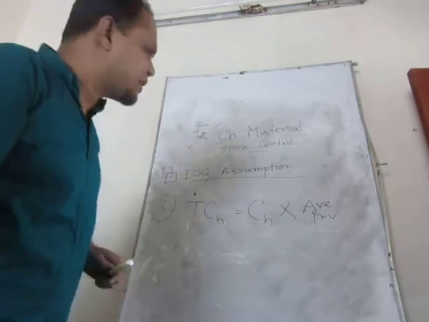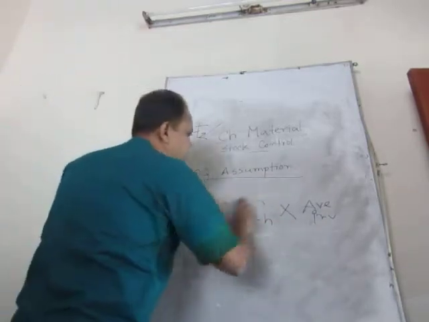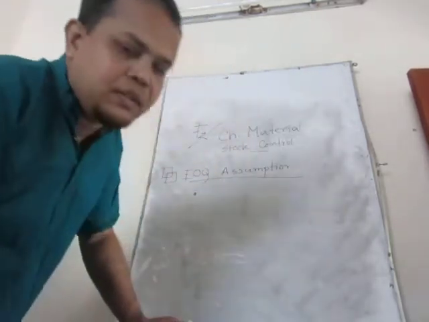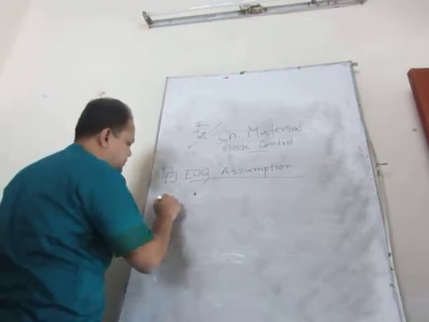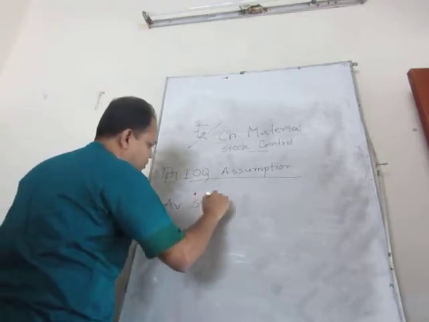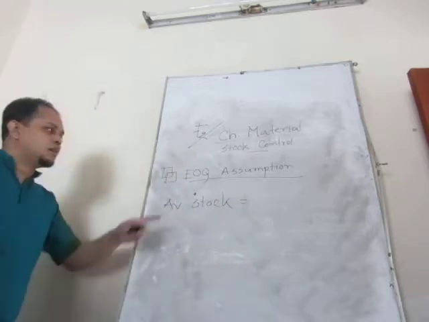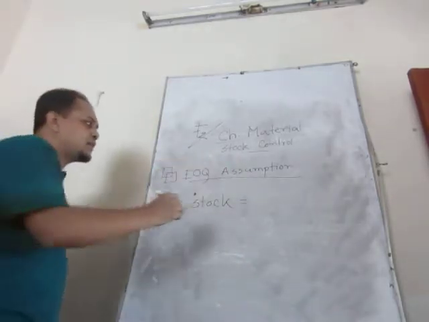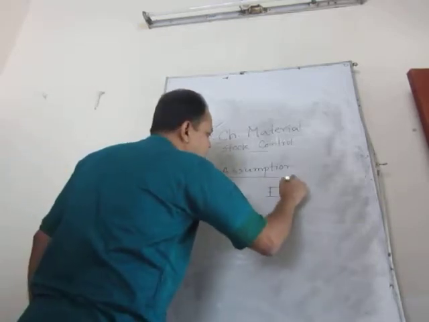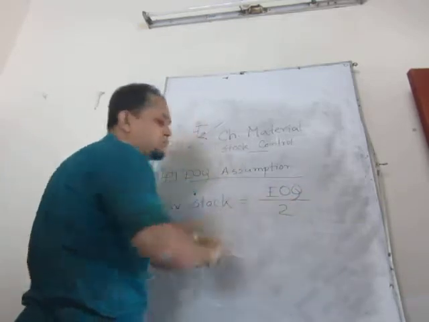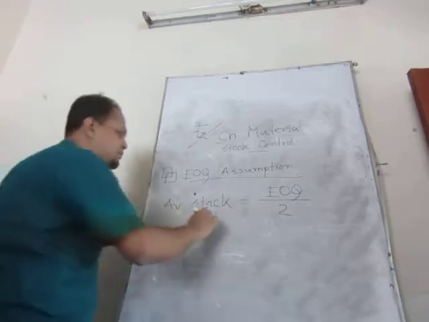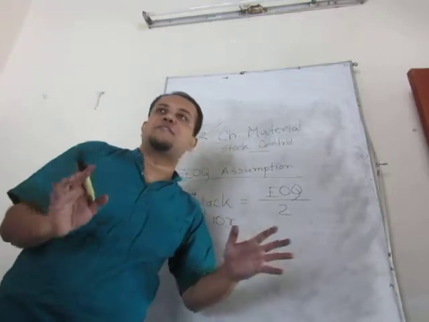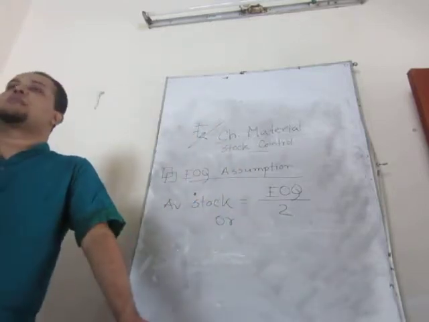Average stock is also provided by the EOQ assumptions. Average stock means EOQ divided by 2, when there is no safety stock requirement by the organization.